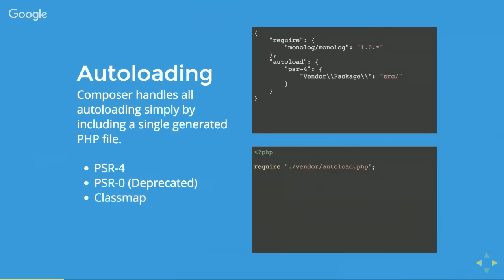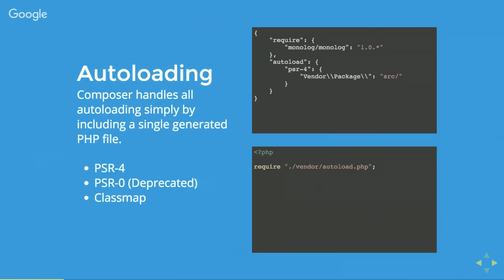Next, we have a class map. You can auto-load using a class map. So what that means is you tell Composer to look in a couple directories for you, and when you run composer install, Composer will find all of the classes in that directory, and it will take the paths and the class name and put it in a static file so that when you load in this vendor autoload file, all it has to do is look through an array.